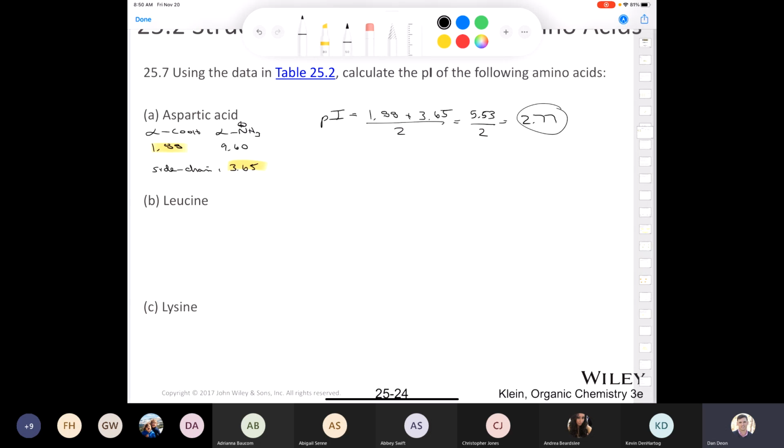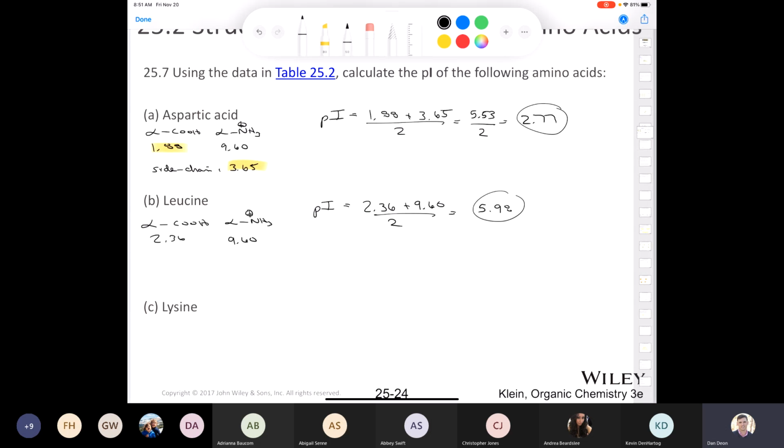The next one is leucine. Our carboxyl group of leucine has a pK of 2.36. Our protonated amine has a pK of 9.60 for the isoelectric point. This isn't an acidic or basic amino acid, so we're just going to take the average, and we get 2.36 plus 9.60. We divide that by 2, and we get 5.98.